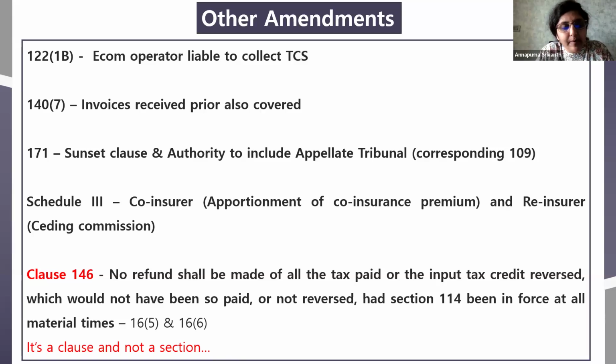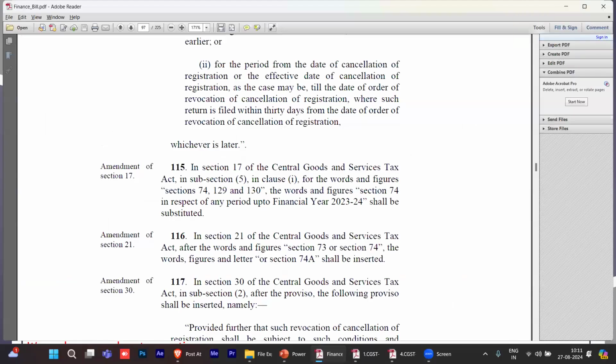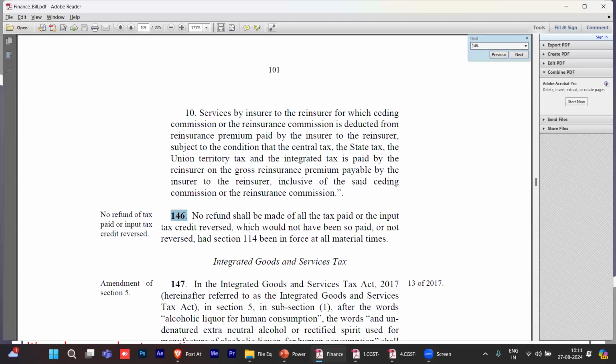So this will not find place in the Act, sir. It will only remain as a clause in the Finance Act, sir. Finance Bill as of now. Which one? Yes, the clause, section 146 of the Finance Act. So here there is just a clause. There is no reference to any section. Yes. This is not in the Act.